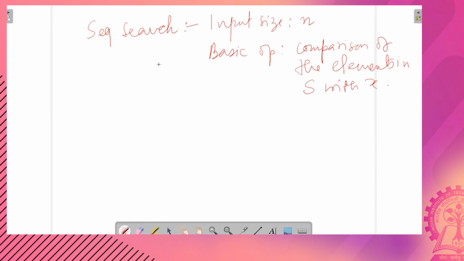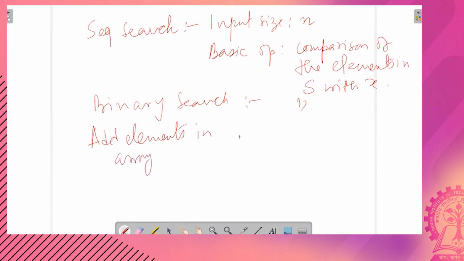Similarly, binary search: same thing. Add elements in array.